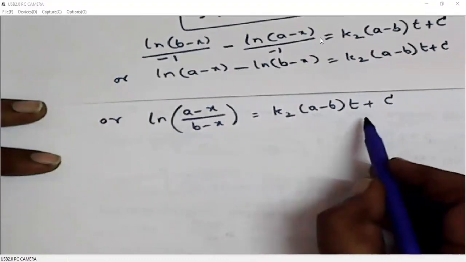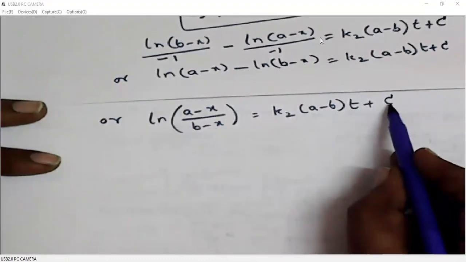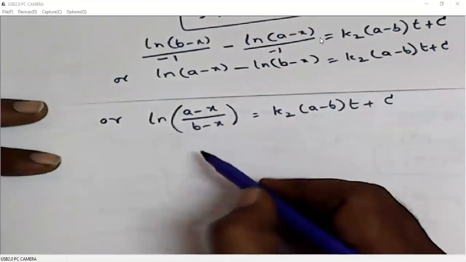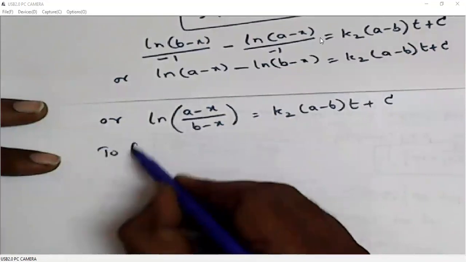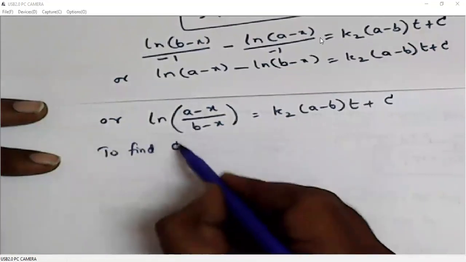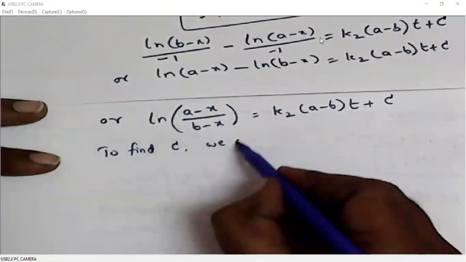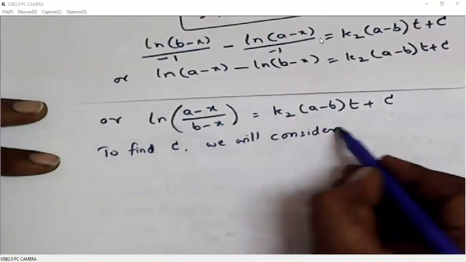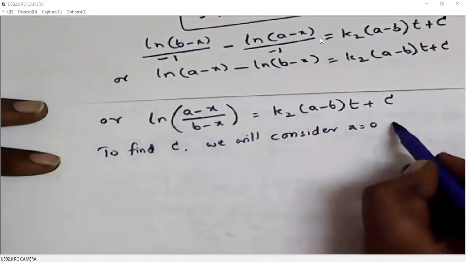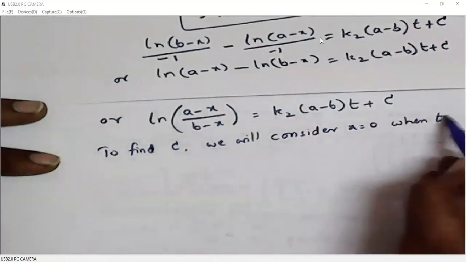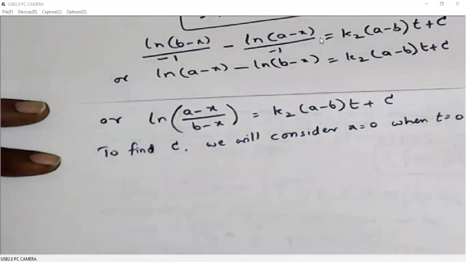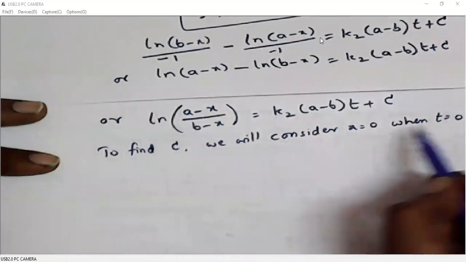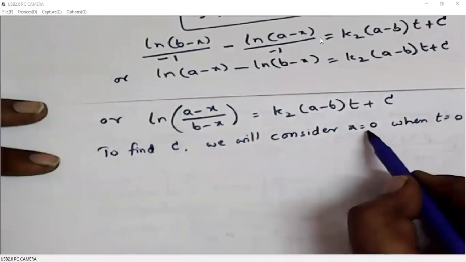In general, if you want to find a constant c, then we need to make a variable 0. So here to find c, we will consider x as 0 when t is 0. Initially there is no product, so we can substitute t is equal to 0. When we substitute t is equal to 0, obviously x is also 0.